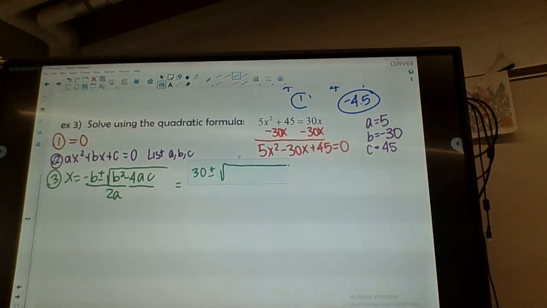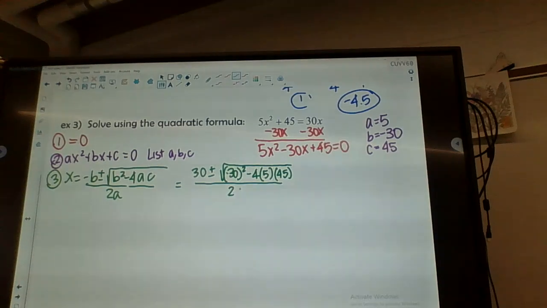Our b squared is negative 30, minus 4 times our a, and I always like putting these in parentheses, which would be 5, and then c is 45, all over 2 times a. So is everyone okay with where I put everything? Any questions about that?